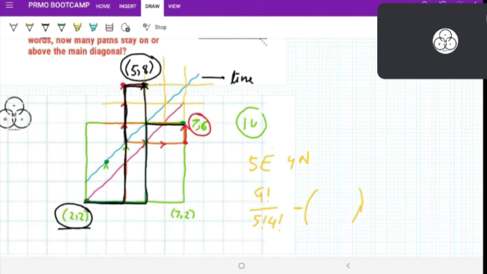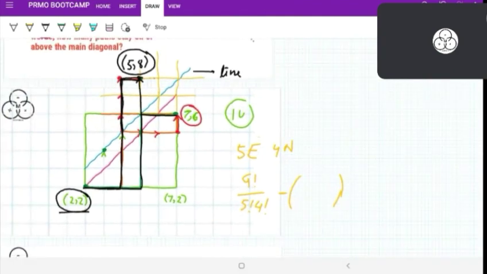And how many paths are there which cross the red line? The number of paths from 2, 2 to 5, 8. How will we find it?